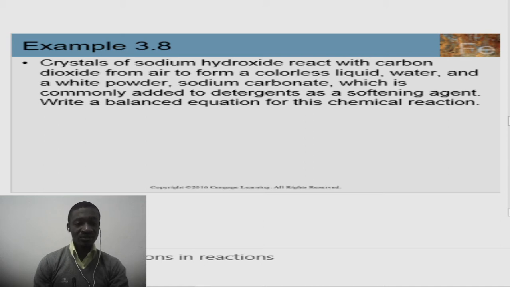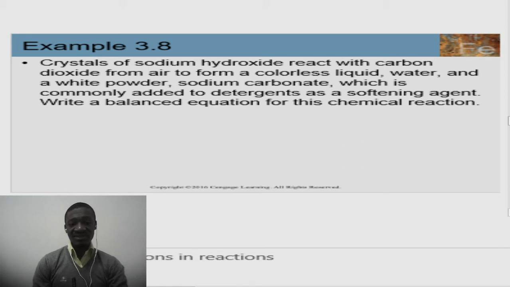Write a balanced equation for this chemical reaction. So your crystals of sodium hydroxide react with carbon dioxide in air, and then it forms a colorless liquid, which is water, and the white powder, which is sodium carbonate.